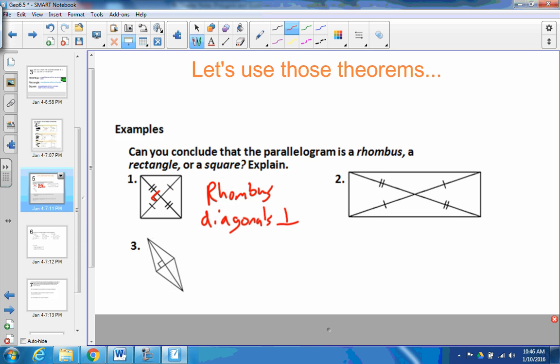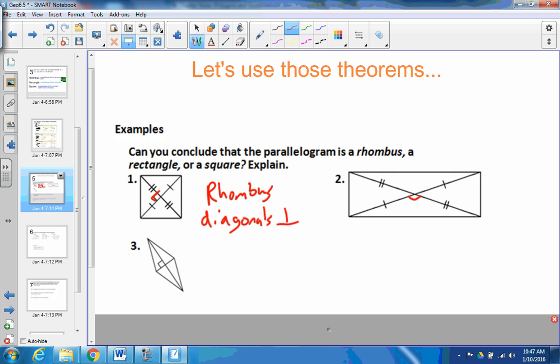Now, number two, we're given that it's a parallelogram, that these things bisect each other because this is congruent to this is congruent to this. I don't know that we have anything else here. We don't have that the diagonals are perpendicular. We don't know necessarily that the diagonals are congruent, unless we can prove that they're congruent. So let's look at this.